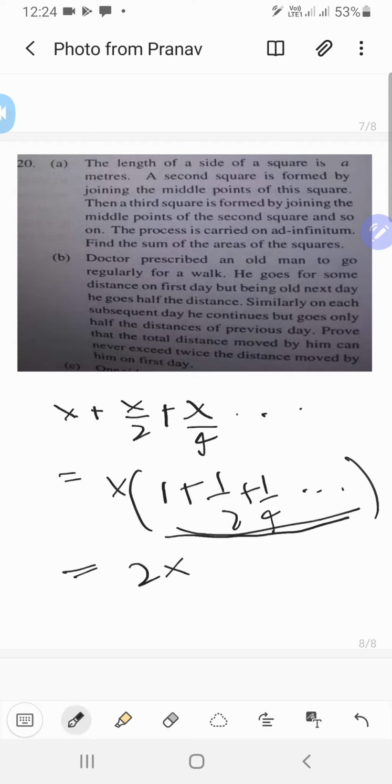Prove that the total distance moved by him can never exceed twice the distance. Yep, this is proved, because this is when it keeps on going for infinite terms, but we know in reality the man won't live for infinite days.